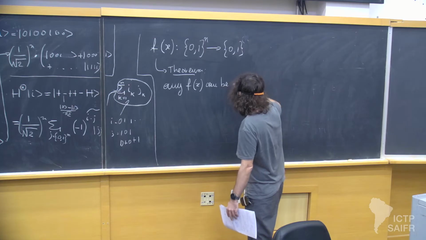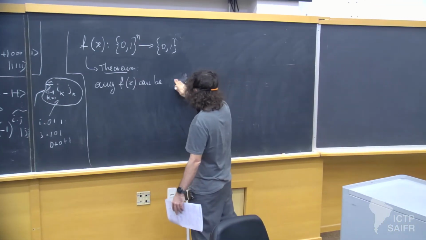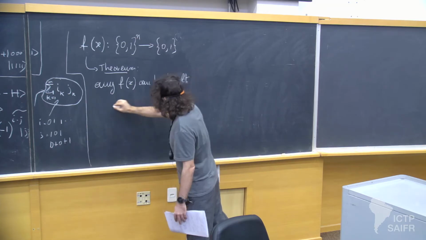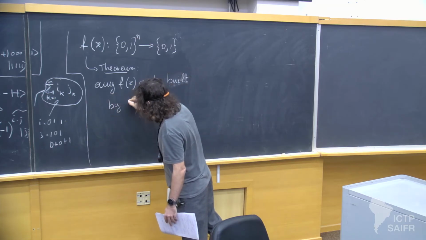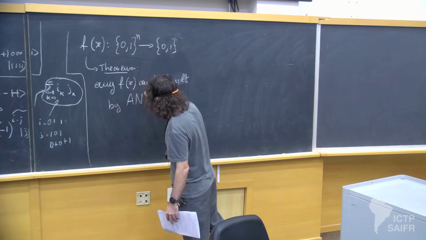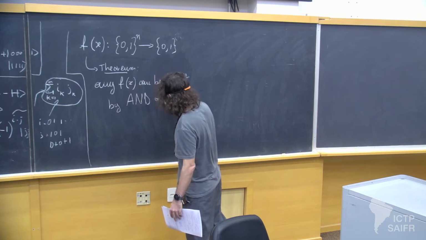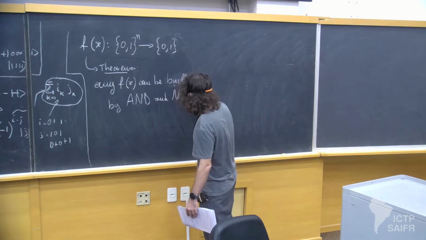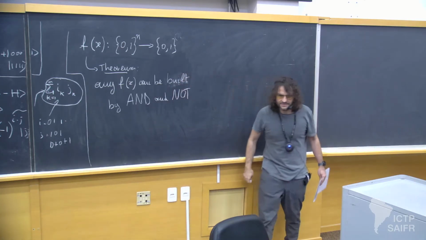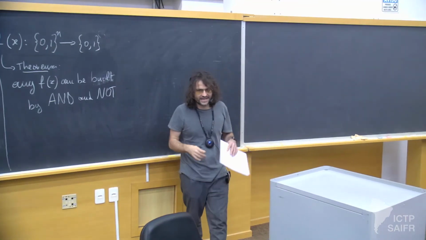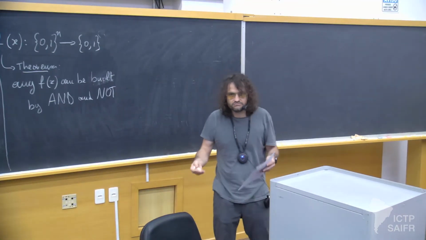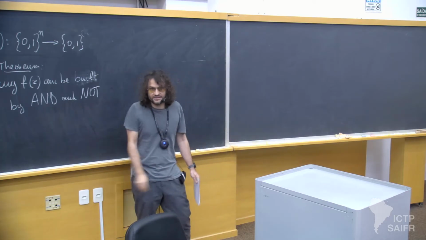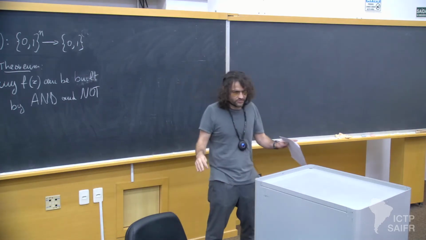No, sorry, it can be built, let's say, by... and... sorry, you understand there are two different ANDs, and not classical gates. So if you can construct the classical NOT gate and the classical AND gate, you can do whatever you want.